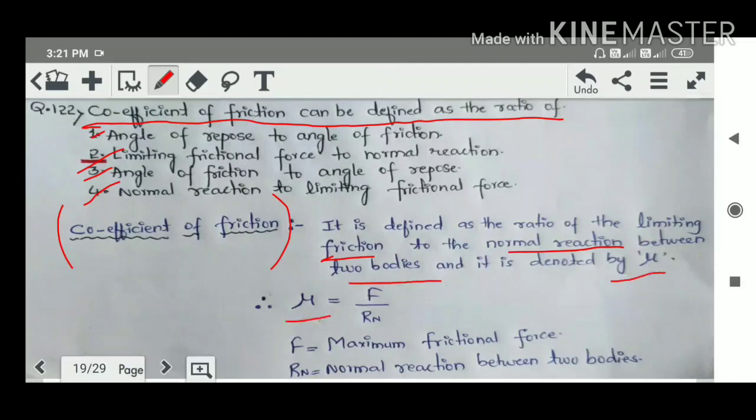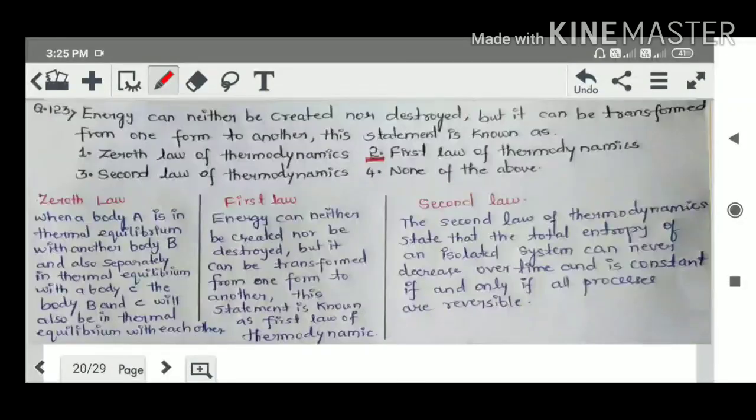Therefore mu is equal to F by Rn, where F is the maximum frictional force and Rn is the normal reaction between the two bodies. Okay friends, so the correct option for this question is option number 2. Coefficient of friction is the ratio of limiting frictional force to the normal reaction. Okay, let's move on to question number 123.